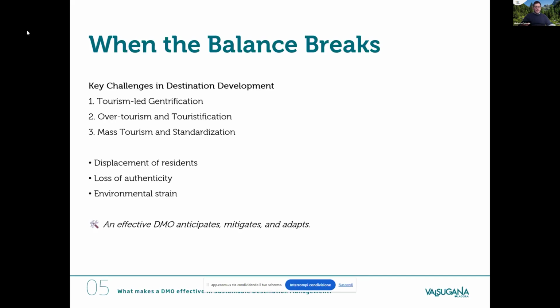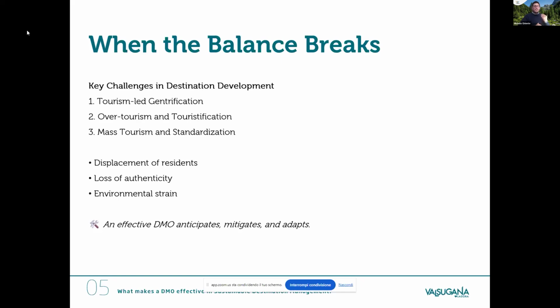When we talk about gentrification effects, we have to consider the transformation of the historic center to cater to tourism, or the depopulation of residential areas in favor of tourist accommodations. Another example is the loss of cultural identity and the replacement of traditional services with tourist-oriented businesses.